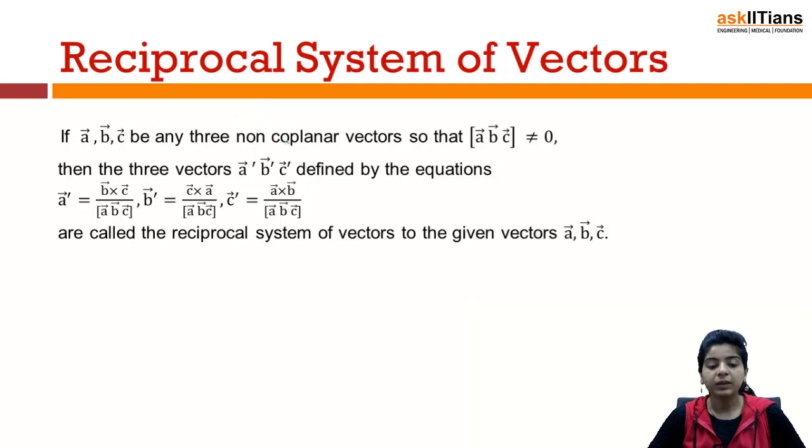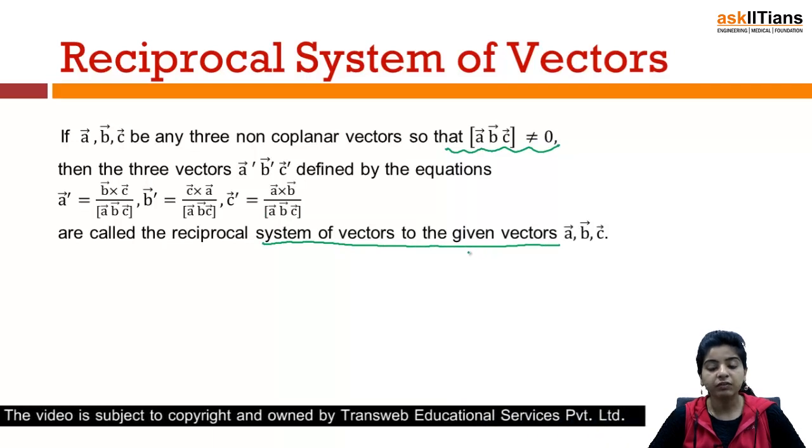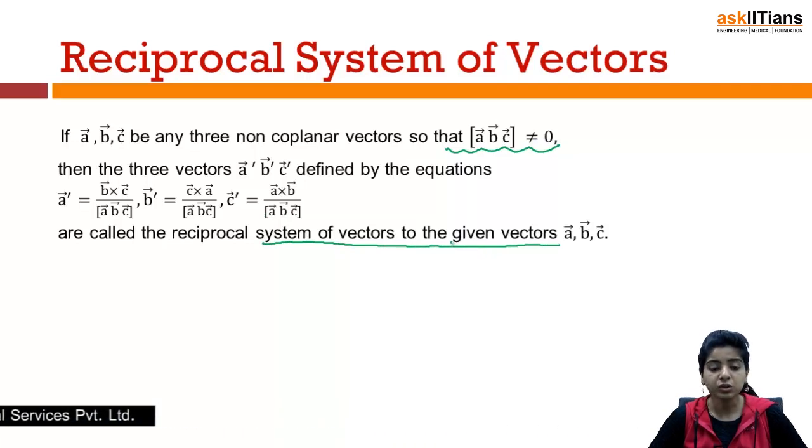If A, B, C be any three non-coplanar vectors, so that the scalar triple product of A, B, C is non-zero, then the three vectors A', B', C', defined by the equations A' is B cross C divided by the scalar triple product of A, B, C, B' is C cross A divided by the scalar triple product of A, B, C, and C' is A cross B divided by the scalar triple product of A, B, C, are called the reciprocal system of vectors to the given vectors A, B and C. So if A, B, C are three non-coplanar vectors, and moreover the scalar triple product of A, B, C is non-zero, then the vectors defined by this are known as the reciprocal system of vectors to the vectors A, B and C.